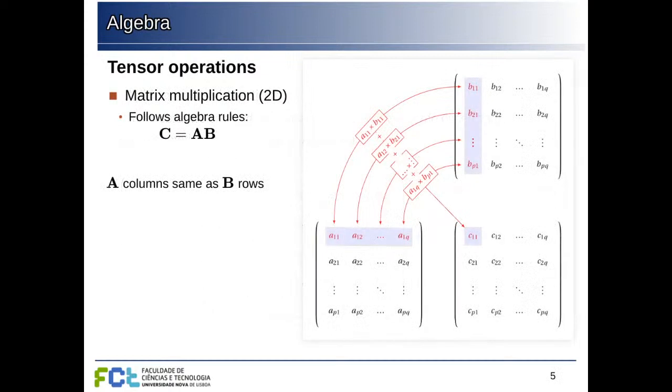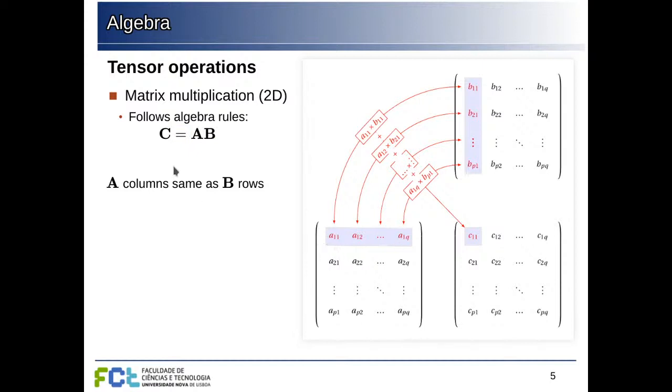But one important algebra operation with matrices is matrix multiplication. If you follow the algebra rules, when you are multiplying matrix A by matrix B, you are not doing that element by element, but you are doing this operation.